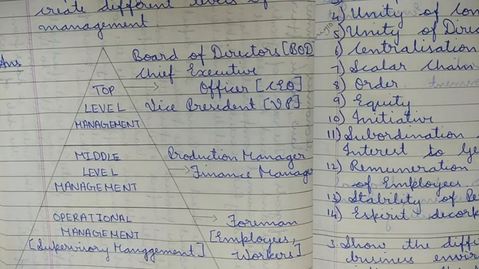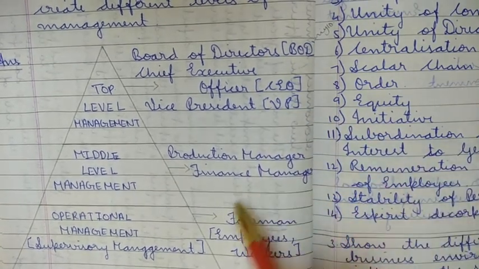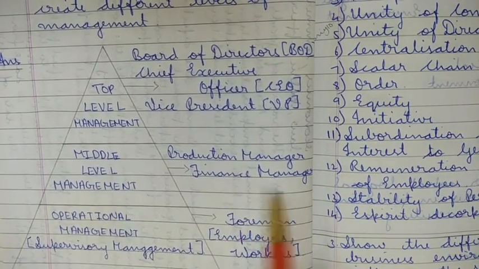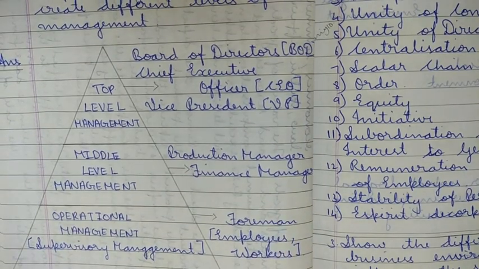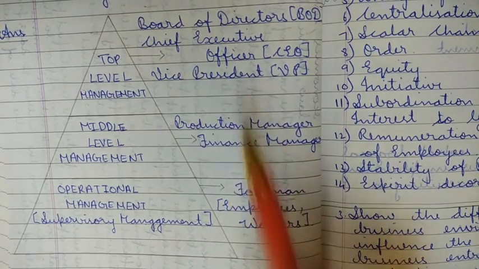Next is middle level management: production manager, finance manager. The people who work under these persons are middle level managers. Sales manager also may be written, but only 2 is more than enough. These 2 are important.